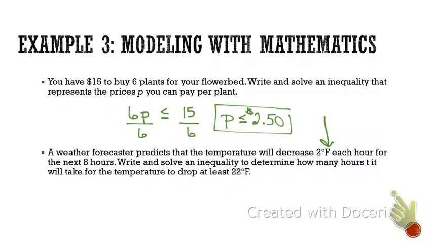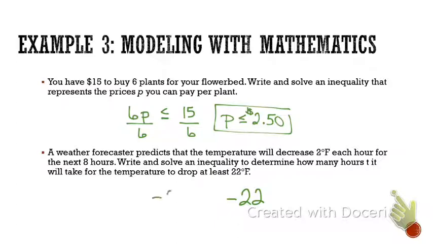So 22 is my total. But if it's dropping 22, would 22 be positive or negative? It would be negative. And if temperatures are decreasing by 2 degrees Fahrenheit, would that be positive or negative?